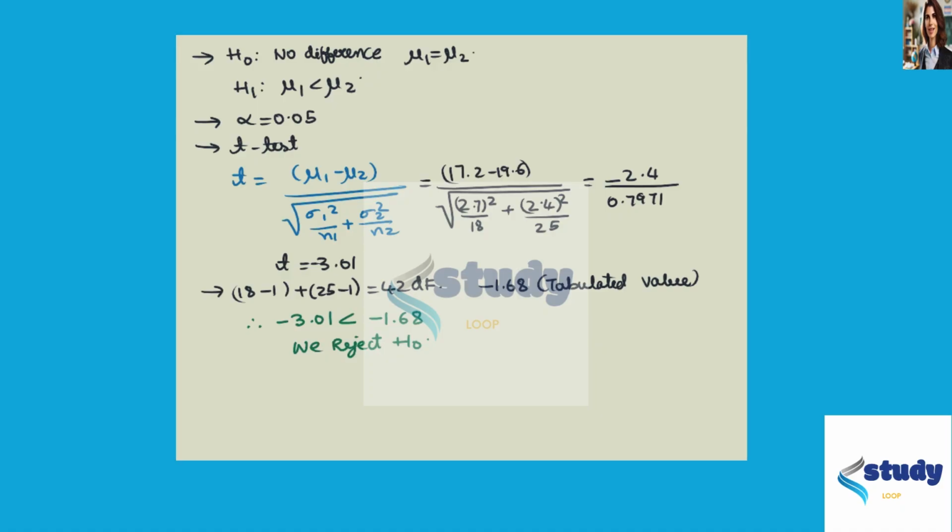at 5% level of significance, and the assumptions that are made are: the first assumption is all the samples are random and independent.